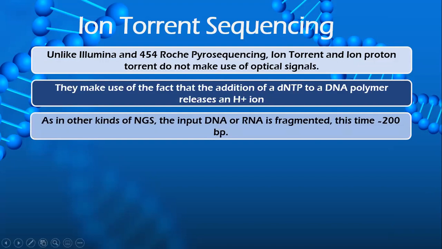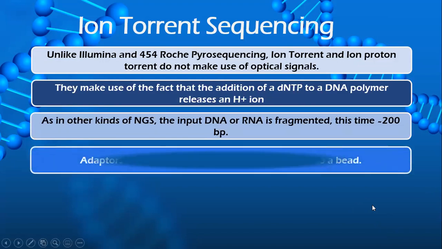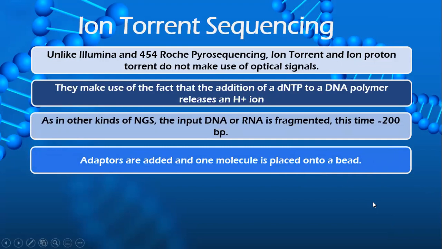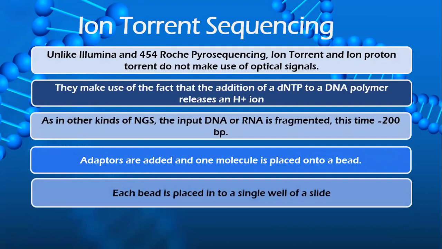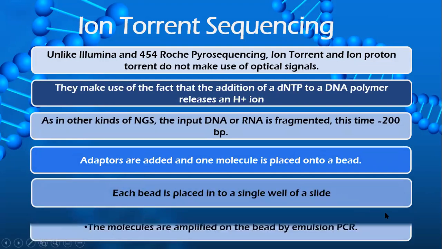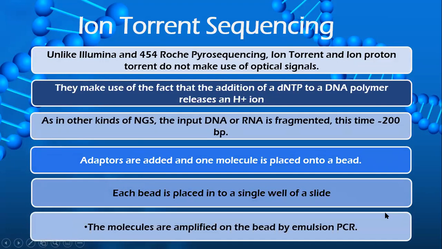The reads are around 200 base pairs. Then the adapters are added, and one molecule is placed on a bead, and each bead is then placed into a well of the slide. Then the molecules are amplified on the bead by the process of emulsion PCR.